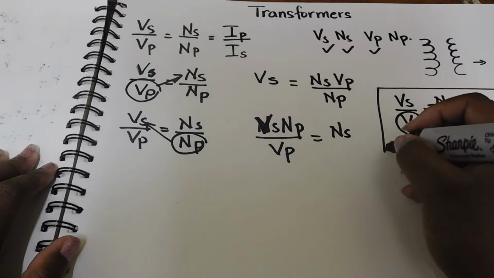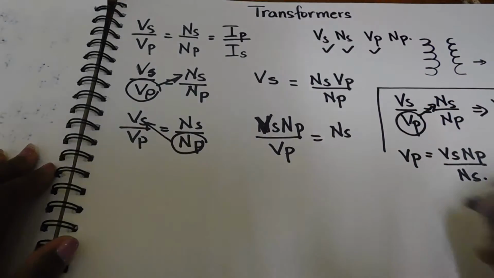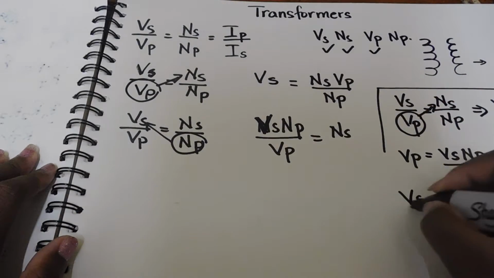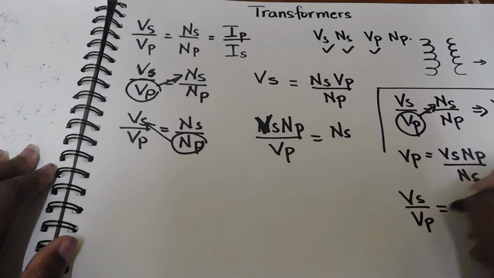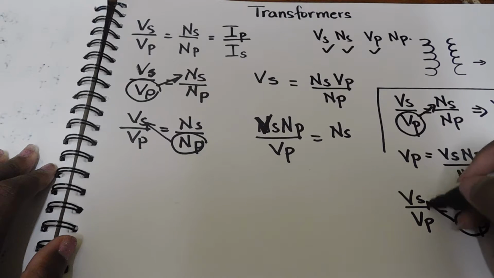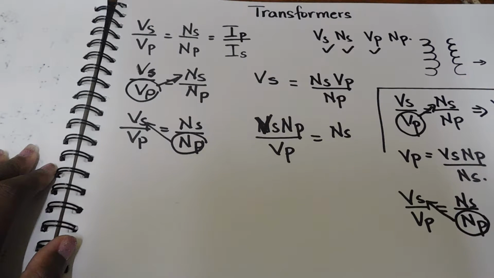Now we could try to solve for NP. With NP, you would say VS over VP is equal to NS over NP. And guess what you're going to do? Move it from the denominator to the numerator. So you're going to be left with VS NP over VP equal to NS.